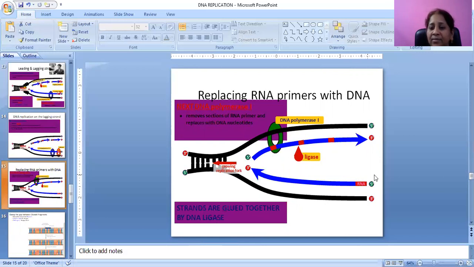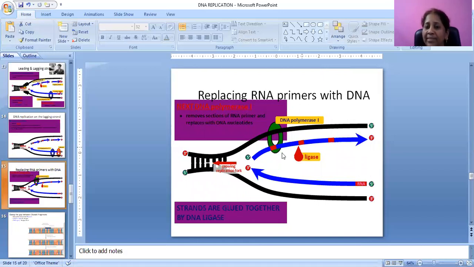Here, first, this is 5 prime, 3 prime. DNA polymerase III always joins RNA primers in the 5 prime to 3 prime direction only, first point.